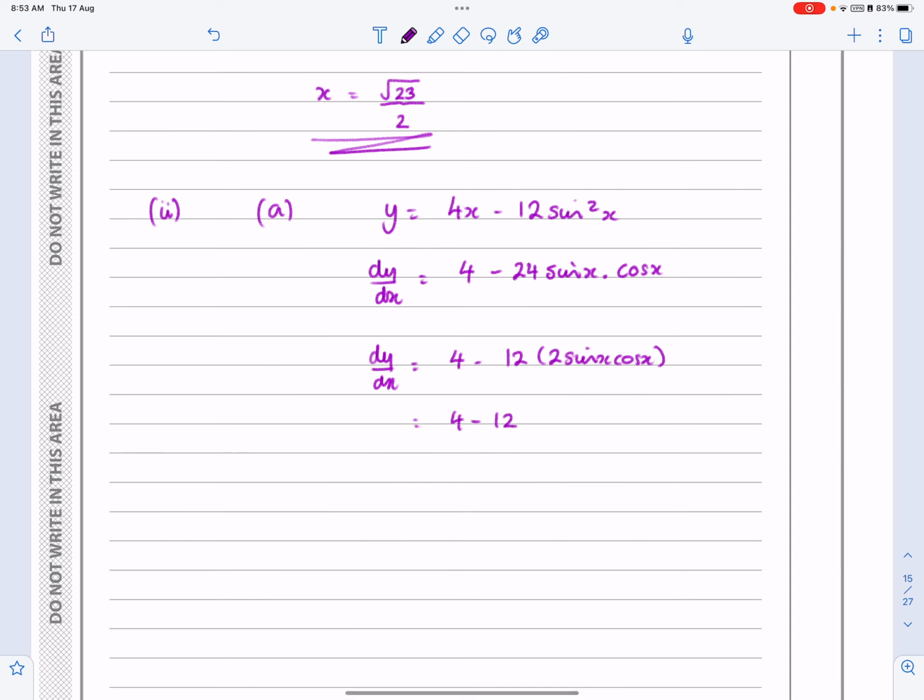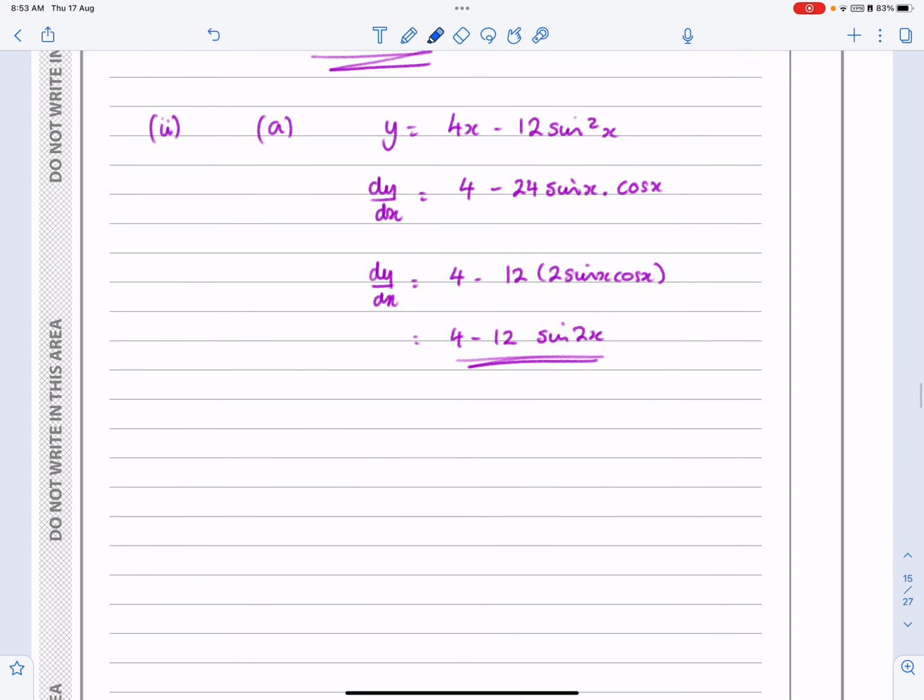Because 2 sine x cos x is sine 2x. So now I actually have it in the format they wanted. So that value there is 12. Just no excuses, guys, for not learning these bits here. As soon as I see sine x cos x, you should automatically, in your mind, have sine 2x as the way forward with that one.